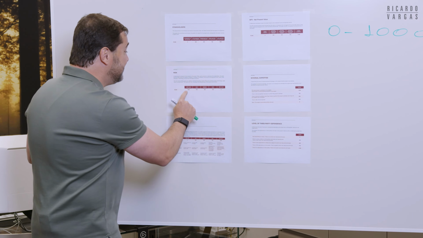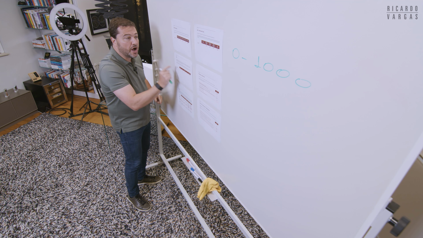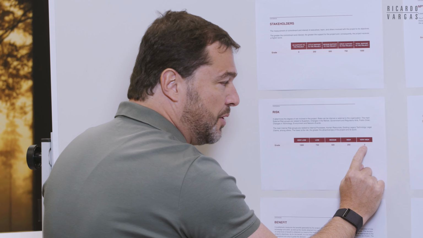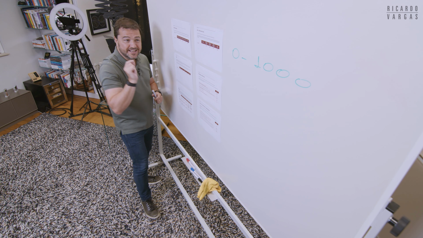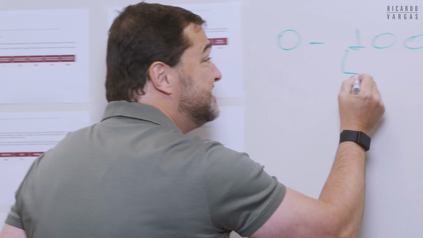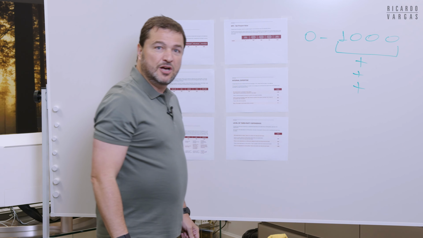And this is 1,000. Why do I put this? Did you see that it's the opposite? Greater support, 1,000. Low risk, 1,000. High risk, 0. So it's the opposite. Always think, when you are doing a score, that 1,000 means something very positive for that project.